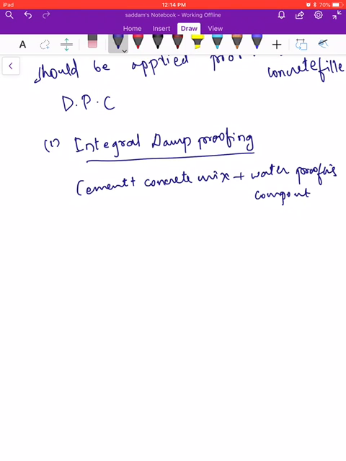So this is called integral damp proofing, wherein we mix waterproofing agent with the cement concrete itself. The compounds which are used for integral damp proofing are made from chalk, talc.